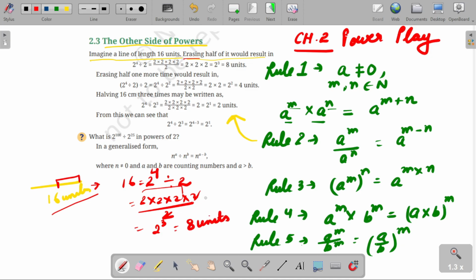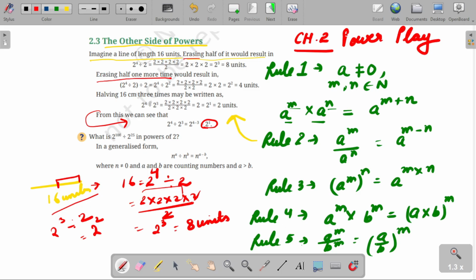Clear? And if you want to erase half of it again, then you divide 2 cubed by another 2, which leads to 2 raised to 2, that is 4 units. Continuing like this, you will reach only 2 raised to power 1. So what is this saying?